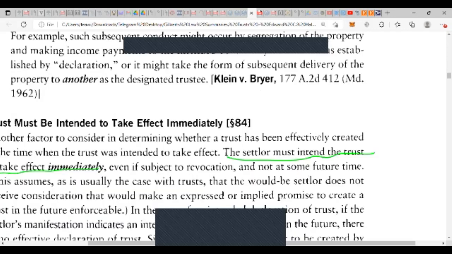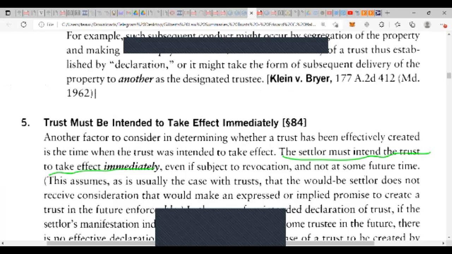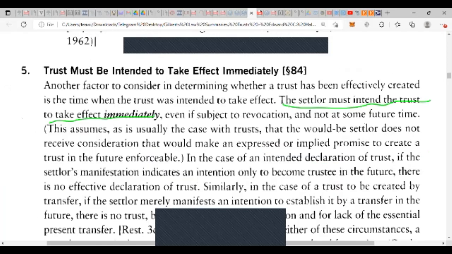1962. Number 5, trust must be intended to take effect immediately, Section 84. Another factor to consider in determining whether a trust has been effectively created is the time when the trust was intended to take effect.